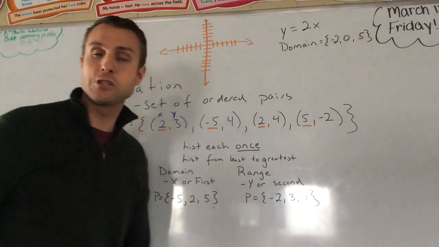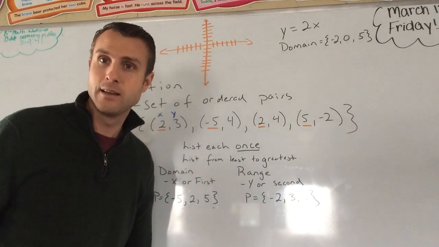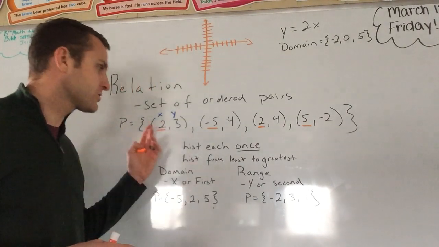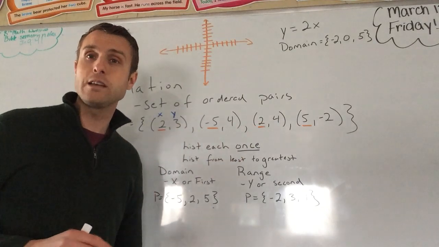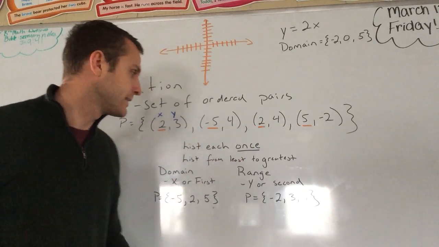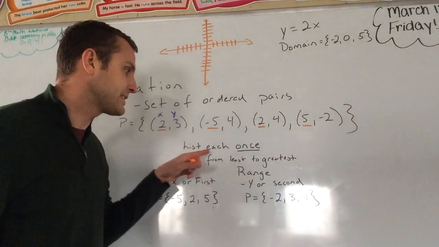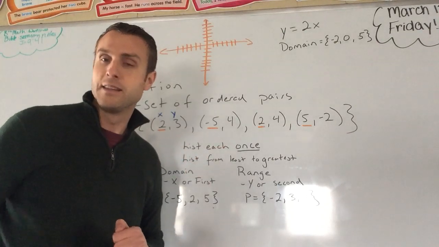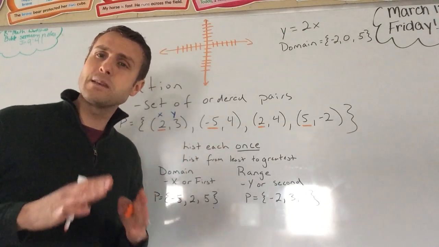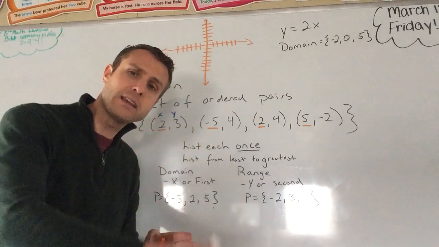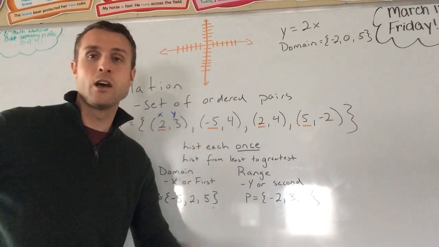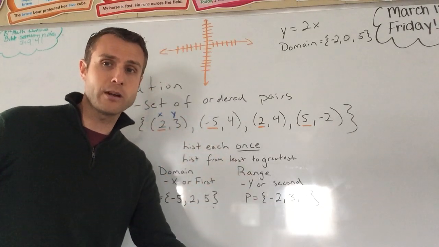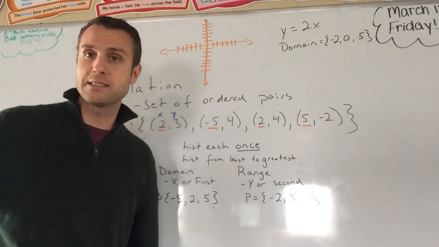Notice that I have 2 twice. But even though 2 occurs twice, I'm only going to write it once because I only list each number once. The second is I'm always going to put them in order from least to greatest. Always go from the smallest number in the domain to the biggest number.